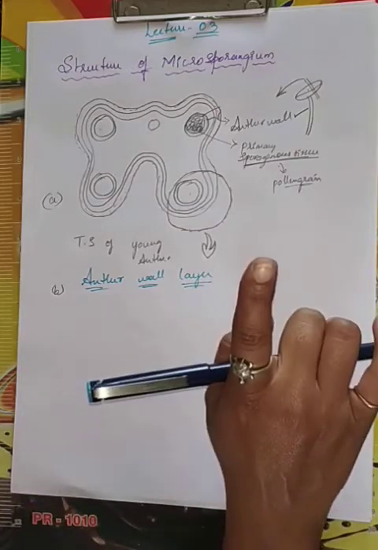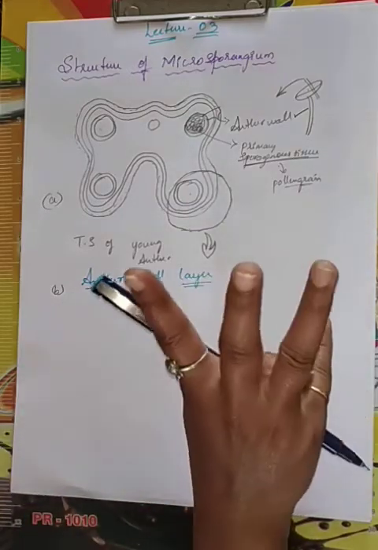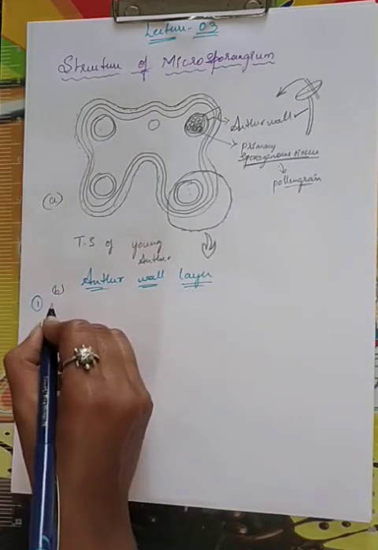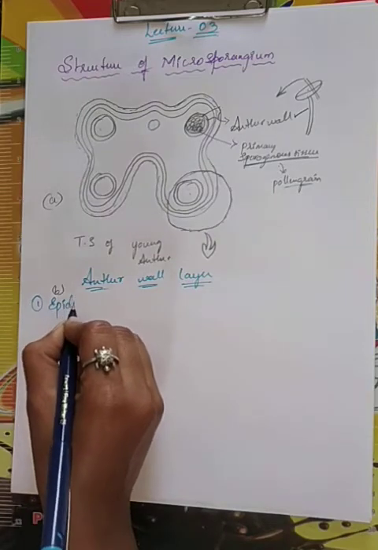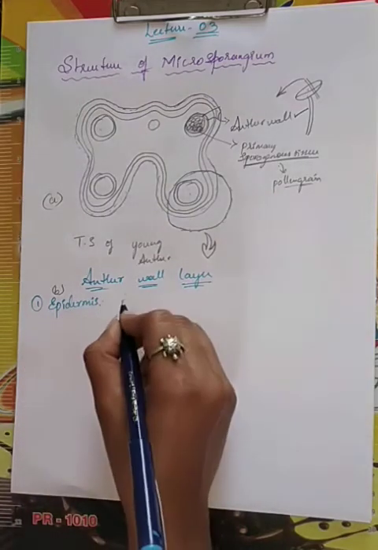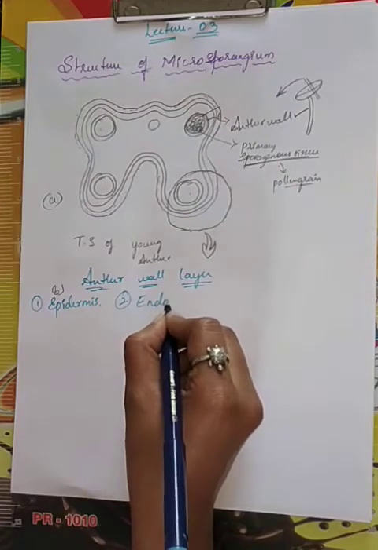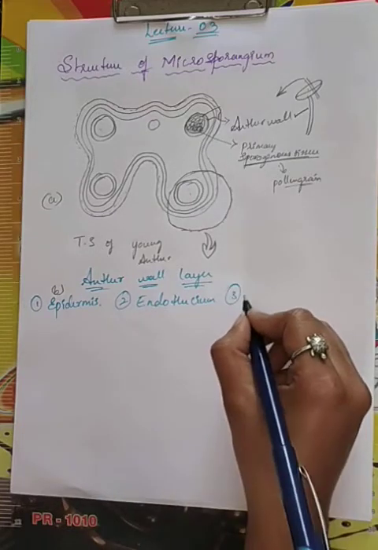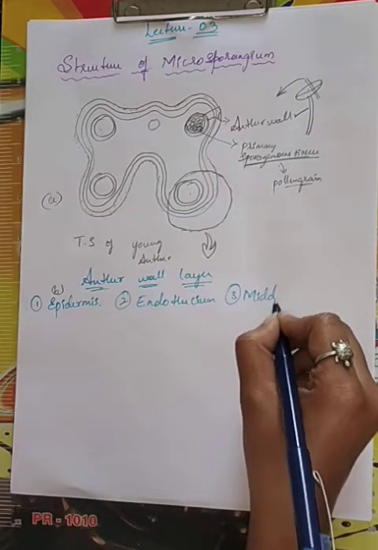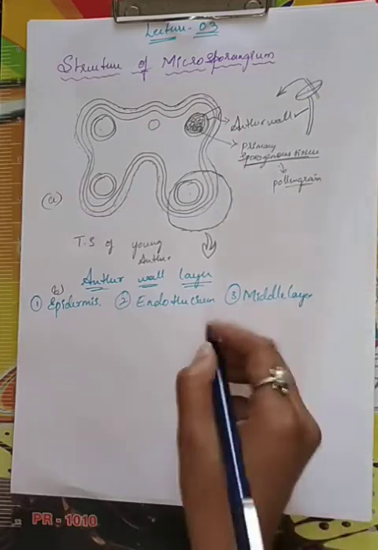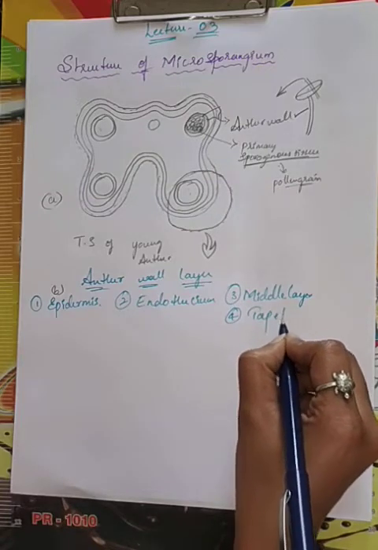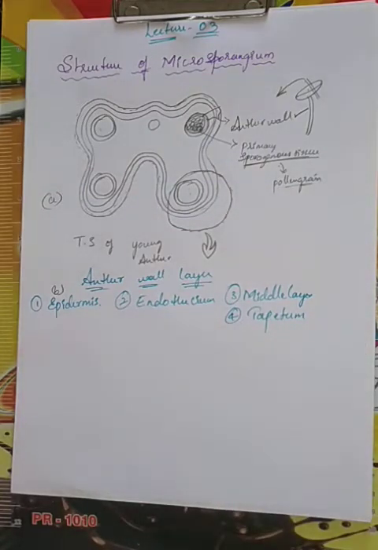First one is epidermis, second one endothecium, third one middle layer, and then fourth one is tapetum.